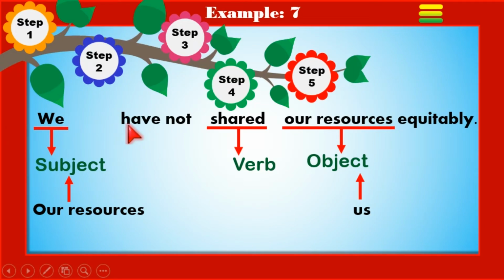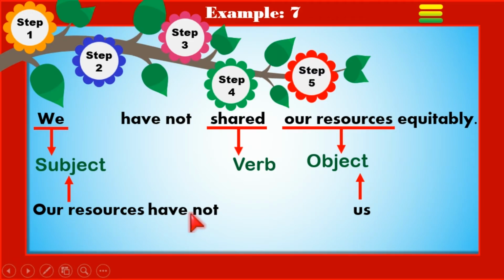Then find out the tense of this sentence. This sentence tense is subject plus have plus V3 plus object. We can say it is present perfect tense, but it is a negative sentence. So you write as usual have not.